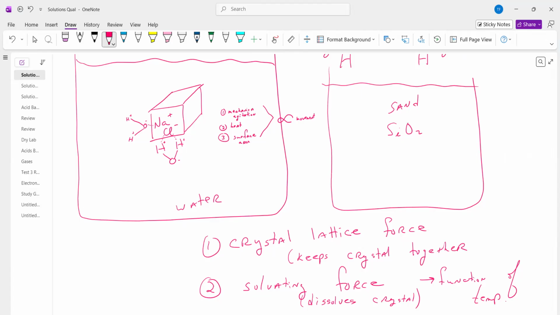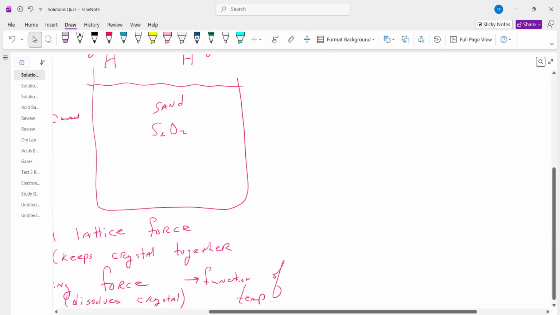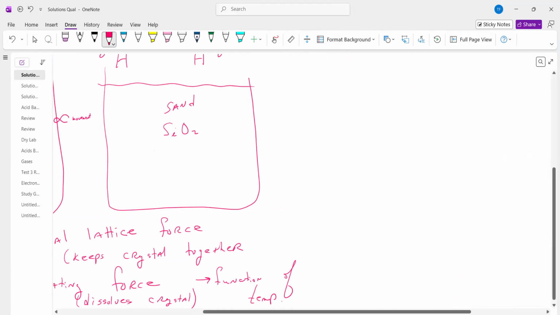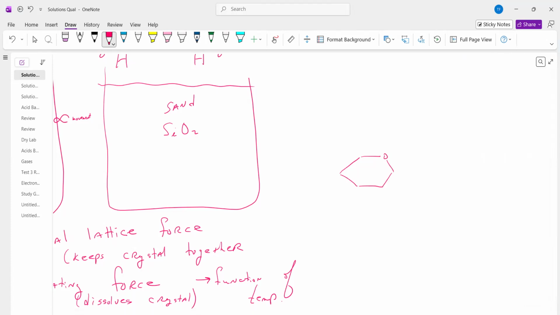Now, I kept bringing up sugar. Let me show you what sugar looks like. This is what glucose looks like.